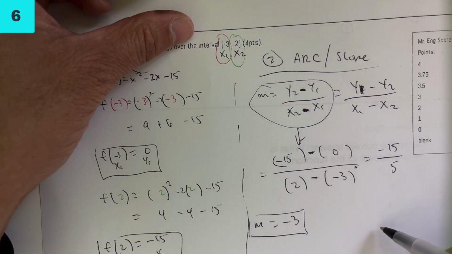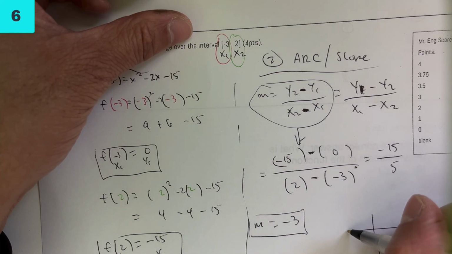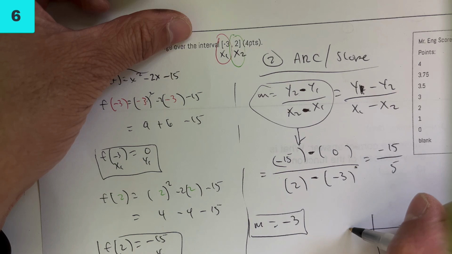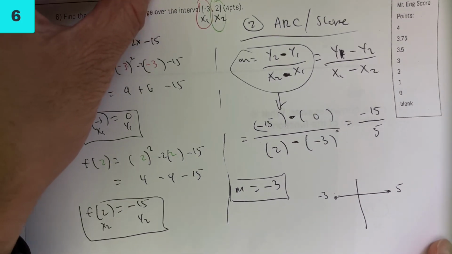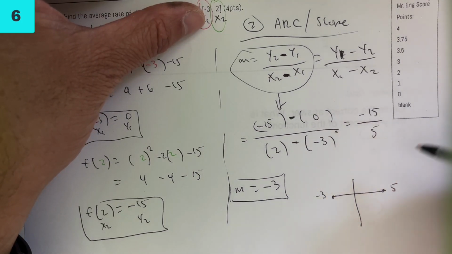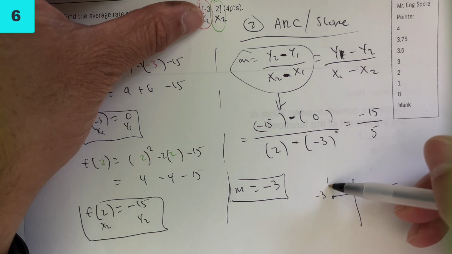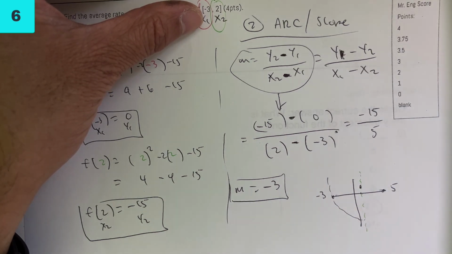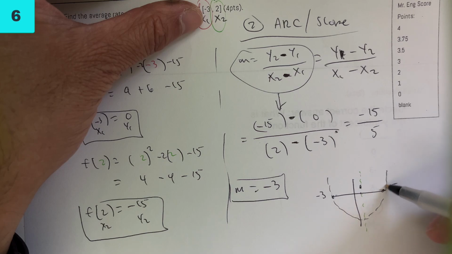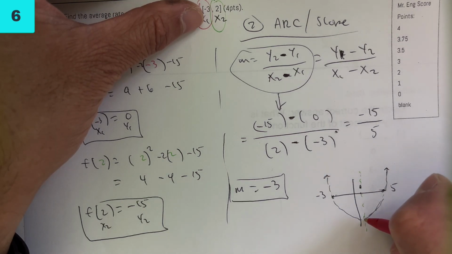So if you connect that to the graph that you found in this problem, you'll notice our solutions are negative 3 and 5, and 1 is here's your vertex. The graphing calculator's not working at the moment.